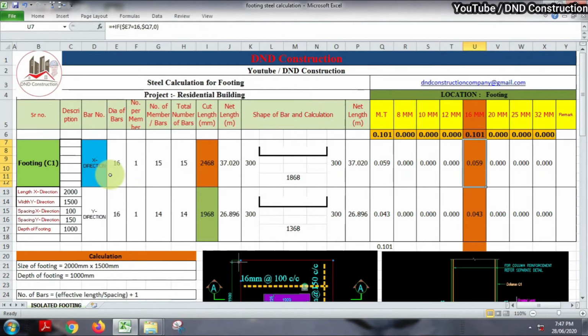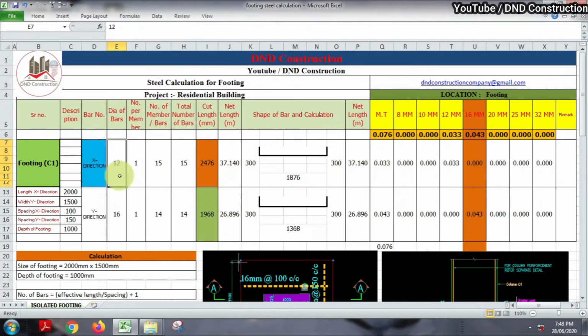If suppose our bar diameter is 12 mm, you see everything changes. Now the value is for 12 mm and our metric ton of steel changes, because the weight per meter of the bar changes.